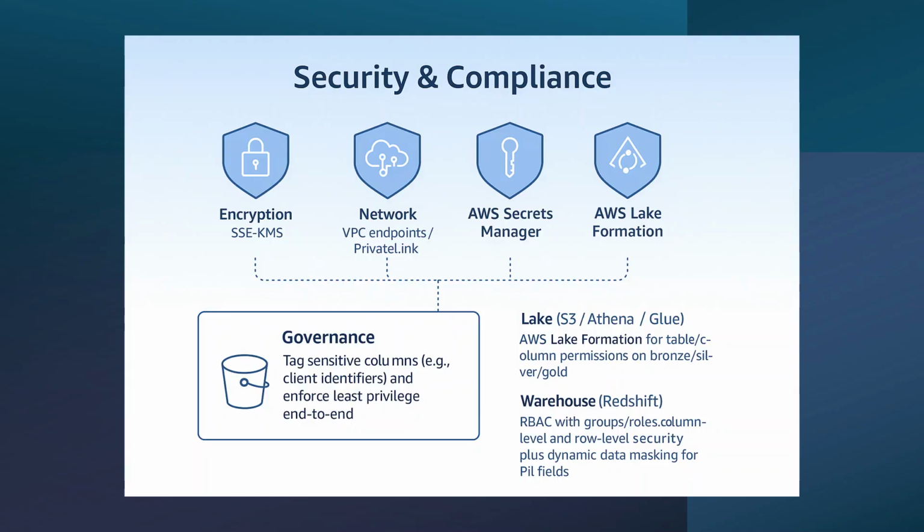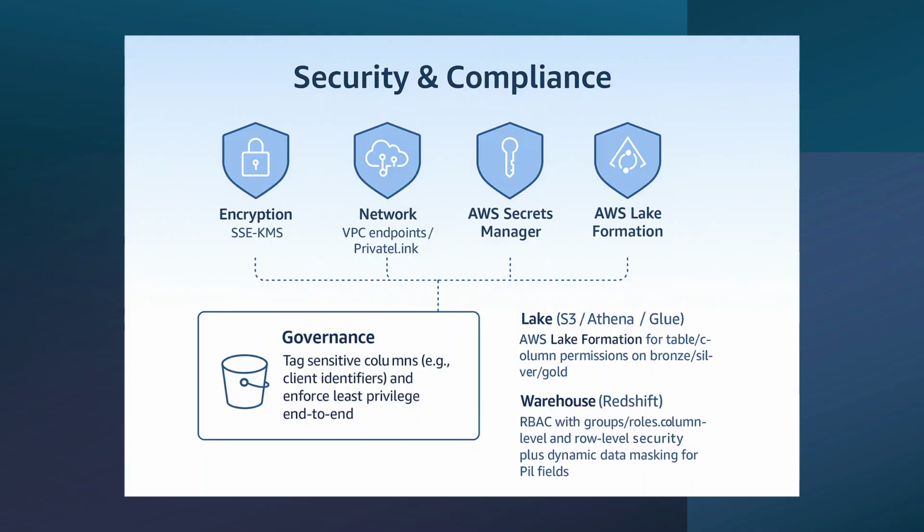For example, let's say a banker views only their region's clients. They cannot view other clients. They're restricted to see only their own clients. We also enable dynamic data masking so PII fields like, let's say, account numbers appear obfuscated unless explicitly allowed.